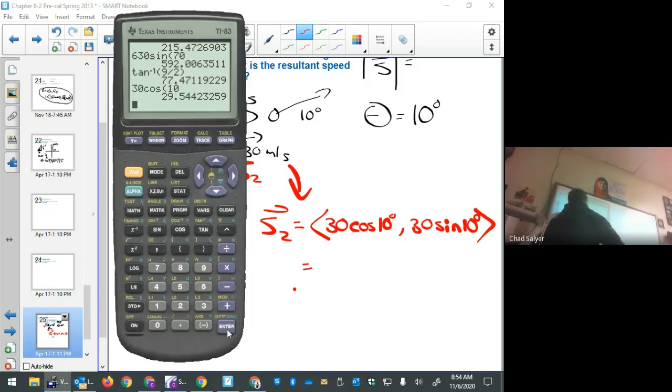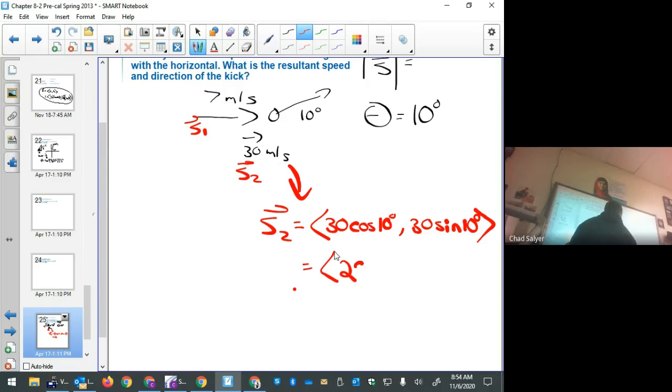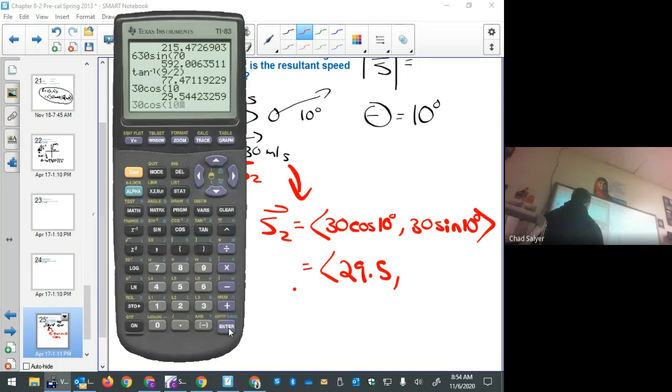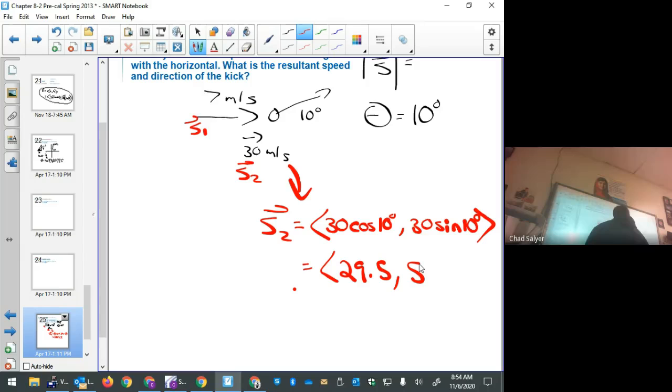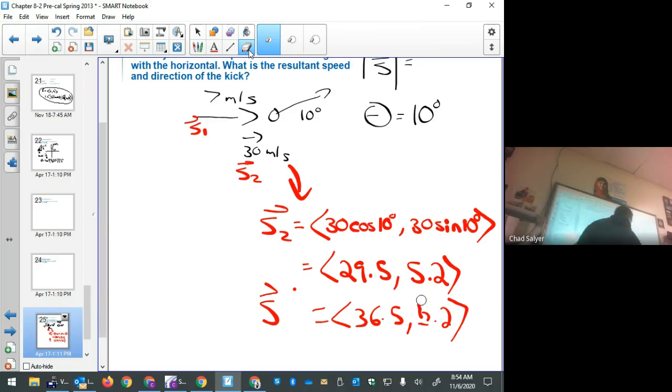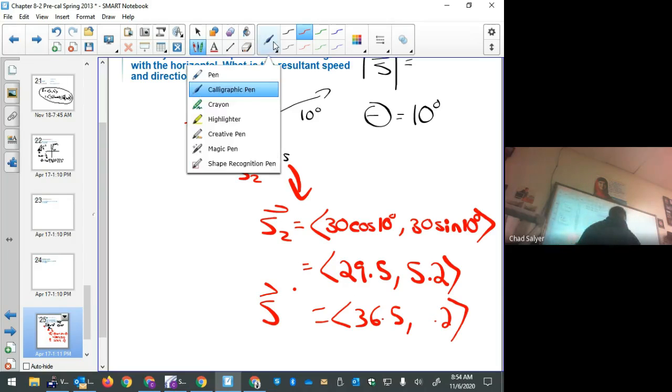About 29.5. And about 5.2. So if I add this 7 here, well, I can't assume the kick is perfectly horizontal if it's got that 10 degrees of lift.